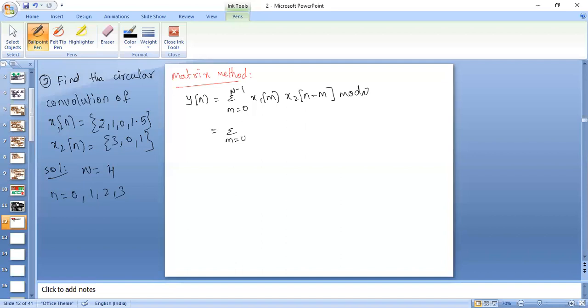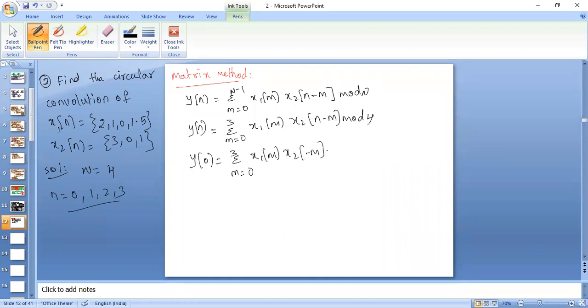Sigma m is equal to 0 to 3 x1 of m into x2 of n minus m mod 4. Right, here let us substitute n is equal to 0 to 3. So y of 0 is equal to sigma m is equal to 0 to 3 x1 of m into x2 of minus m mod 4.